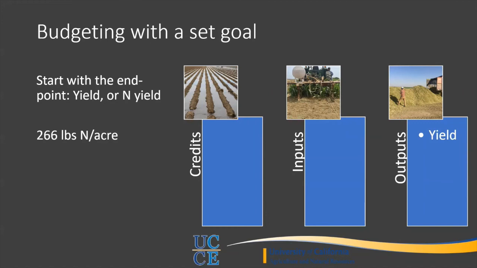So as we just figured out, our particular field needs 266 pounds of nitrogen just for the crop to be able to remove in harvest. And if you look over on the right, that's what we're considering to be our yield output. We're going to sort of start backwards in our budget. We're going to start with the endpoint and work our way up to what we need to actually put into the field.